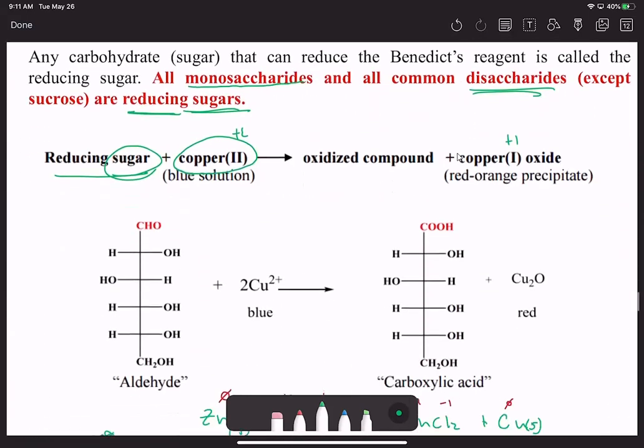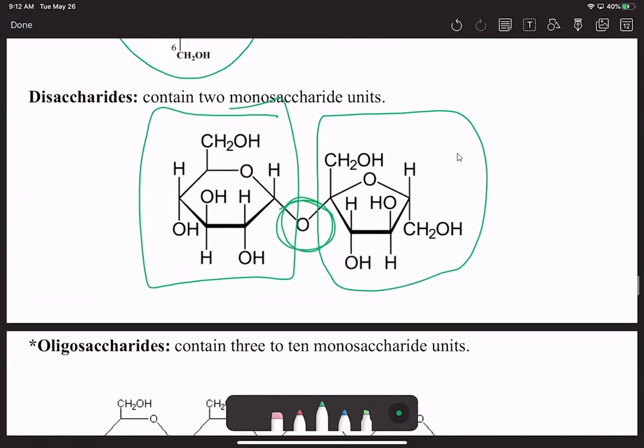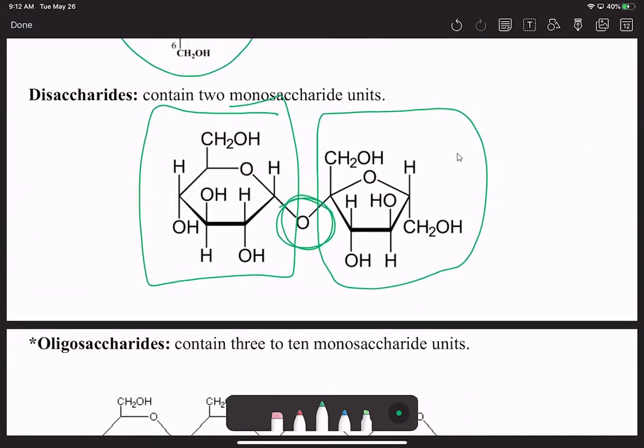So all monosaccharides and all common disaccharides, except for sucrose, which we'll see, are reducing sugars. So sucrose is not a reducing sugar, even though it's a disaccharide. So all monosaccharides, whether they're ketose or aldose, are reducing sugars, and most common disaccharides are also reducing sugars.